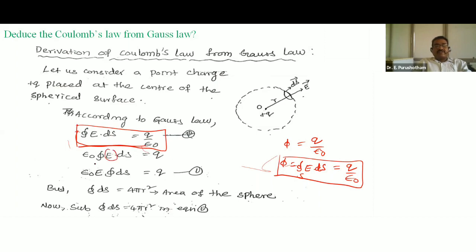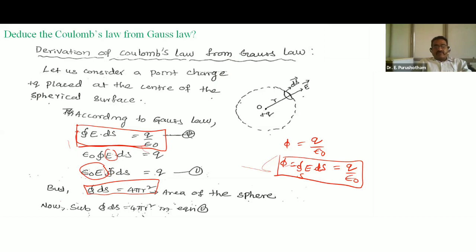E is constant, so epsilon naught into E times the surface integral of ds is equal to Q. But the surface integral of ds is equal to 4 pi r square, that is the area of the sphere.